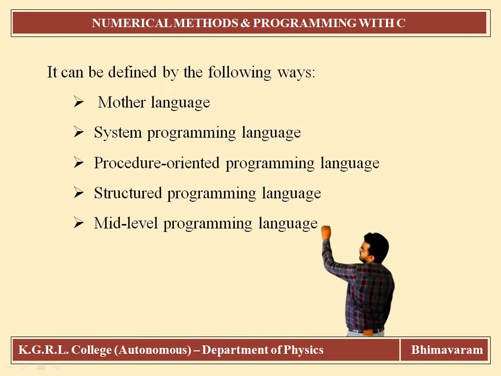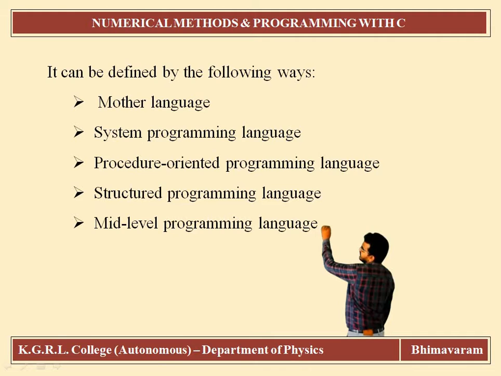It can be defined in the following ways. C as a mother language: C is considered the mother language of all the modern programming languages. C as a system programming language: a system programming language is used to create system software.